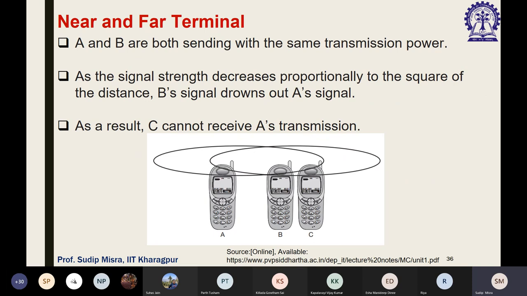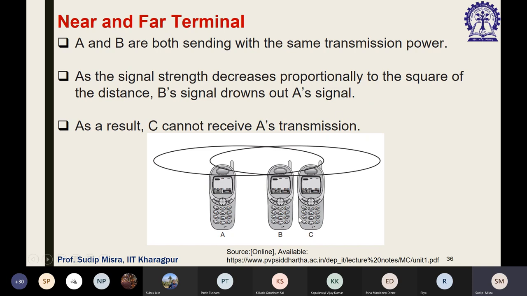Another problem that is very common in wireless networks is the near and far terminal problem. Here we have A and B, which are both sending with the same transmission power. The signal strength decreases inversely to the square of the distance. This is a well-known thing in wireless networks.